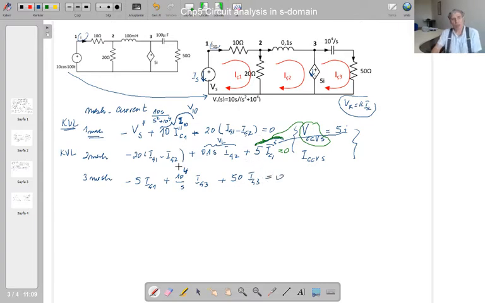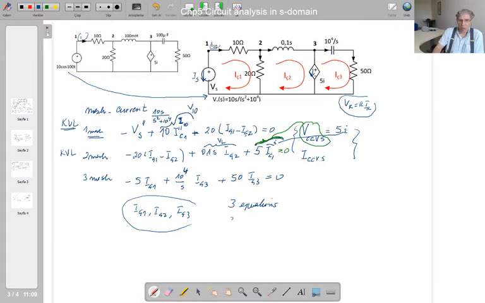Look at those three equations now. The unknowns are IC1, IC2 and IC3, and we've got three equations and three unknowns. Then we can find all these unknowns. How are you going to find them? It seems easy.